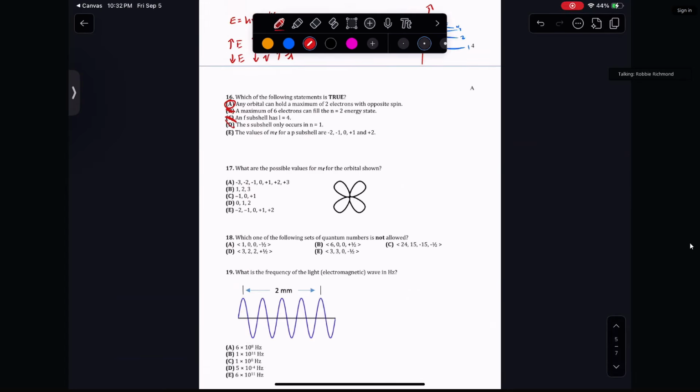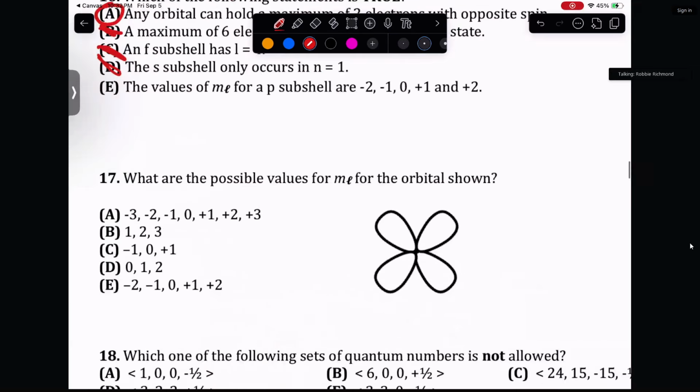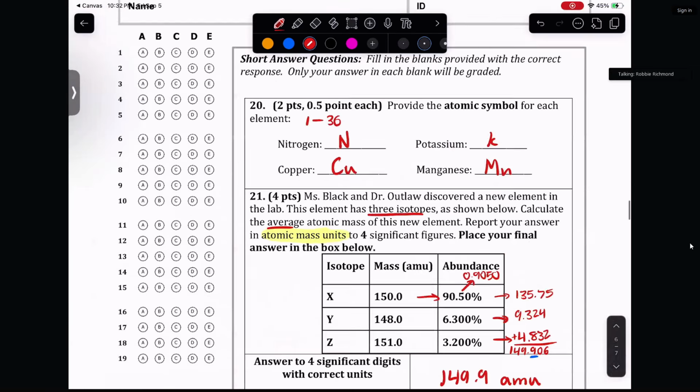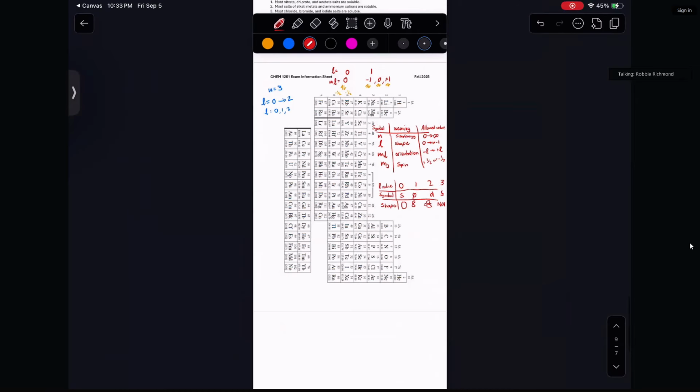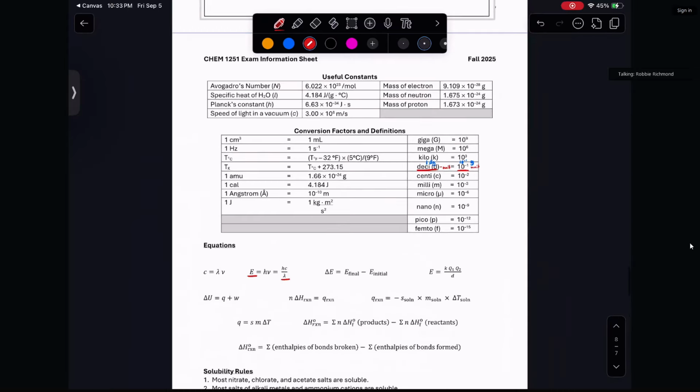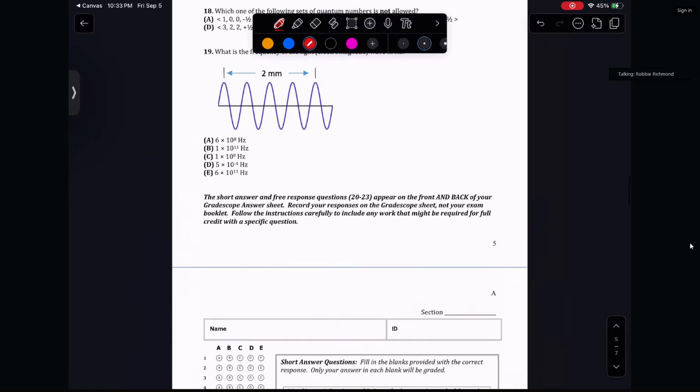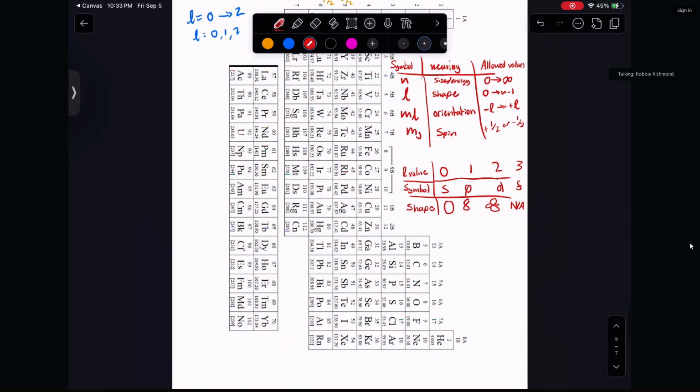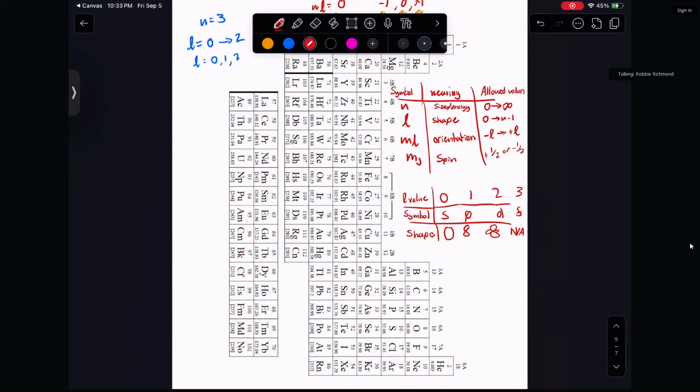Answer choice E, nope. The values of ml for a p subshell are -2, -1, 0, +1, and +2. Remember, using that little chart, if we have a p subshell, that correlates to an L value of 1. And if we have an L of 1, the mLs will be -L to +L.